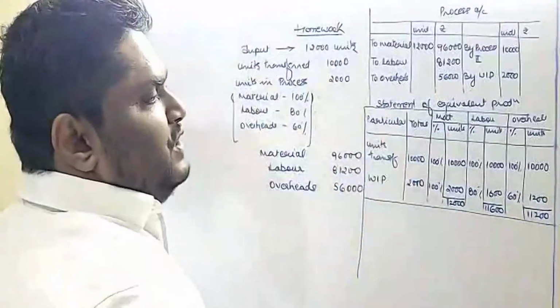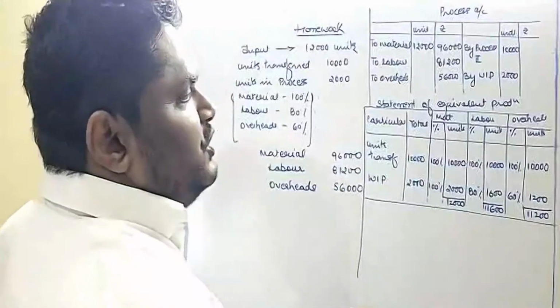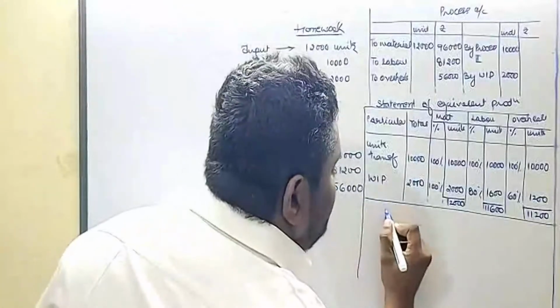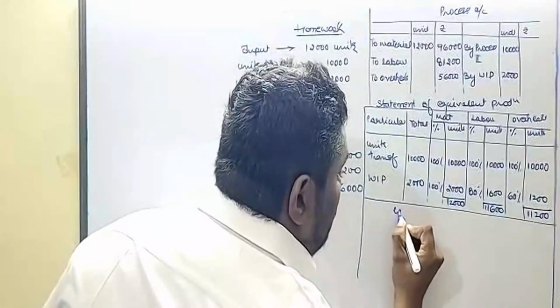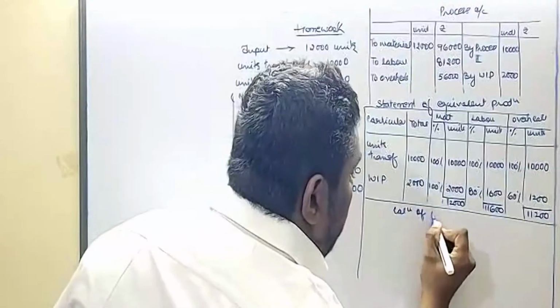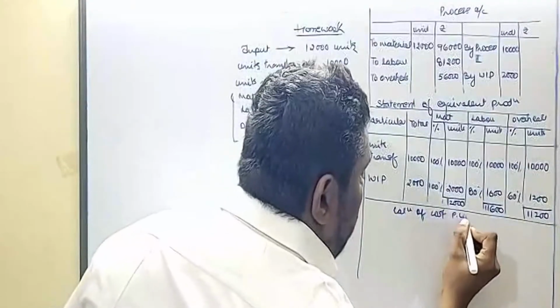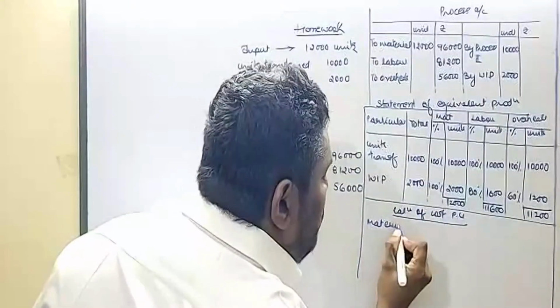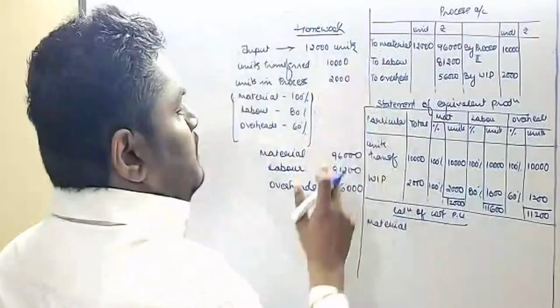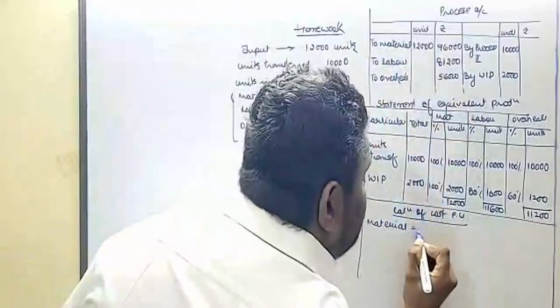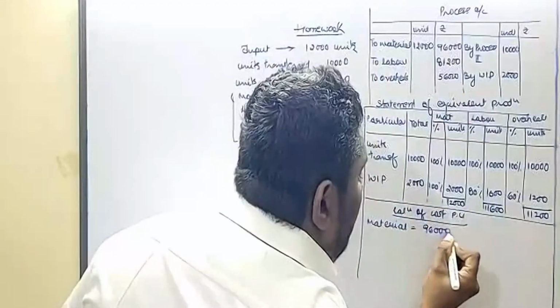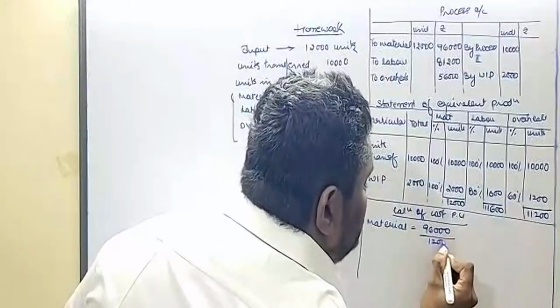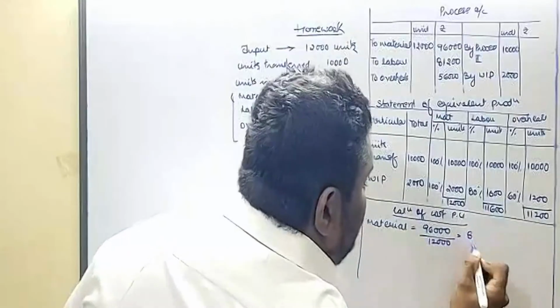So after preparation of the statement of equivalent production, we'll calculate the cost per unit. When talking about material cost, the material cost is 96,000 divided by number of units, 12,000. So this will be 8.